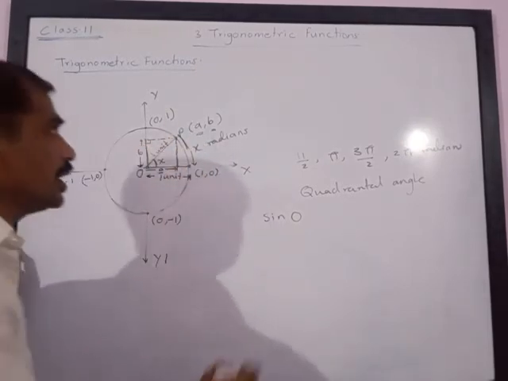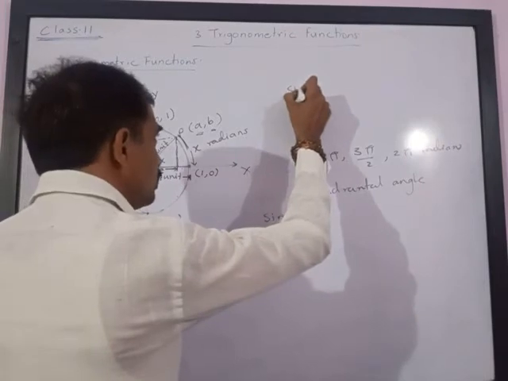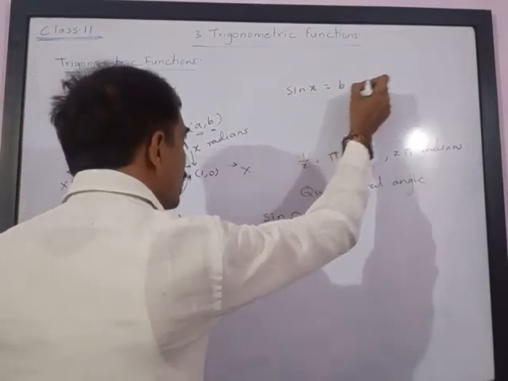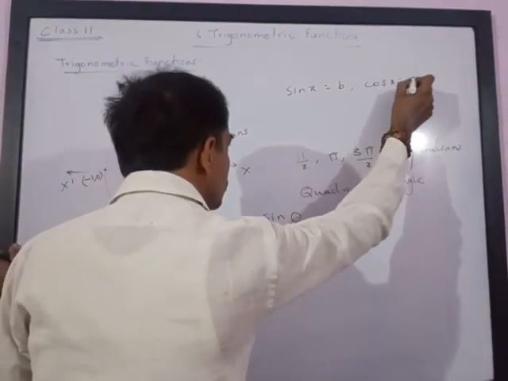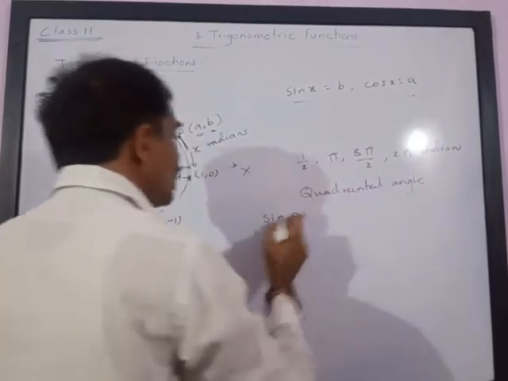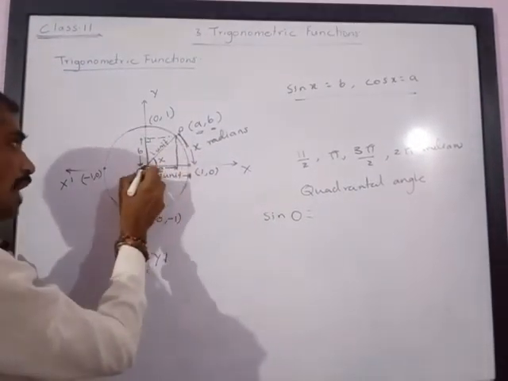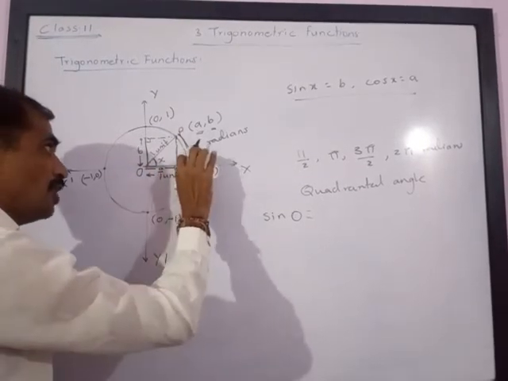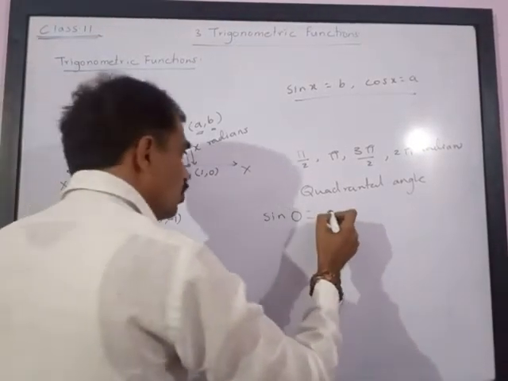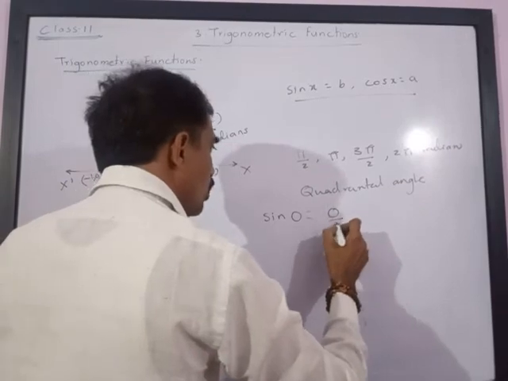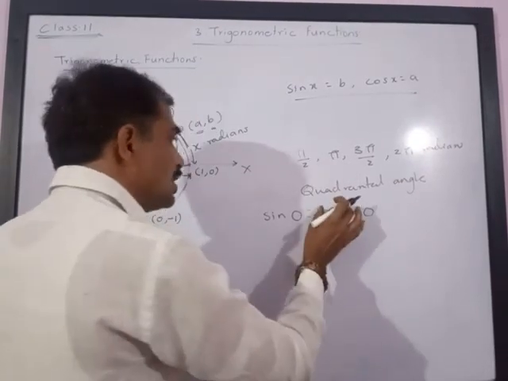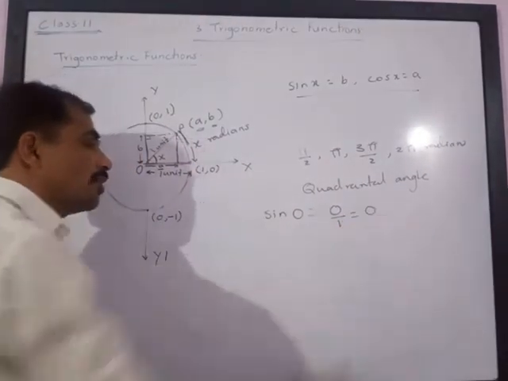We have already written sin x is equal to B and cos x is equal to A. Now it means sin 0 is equal to opposite. If the angle is 0, opposite side will be 0, and hence we will get 0 upon 1, that is equal to 0. That is opposite upon hypotenuse, that is equal to 0.